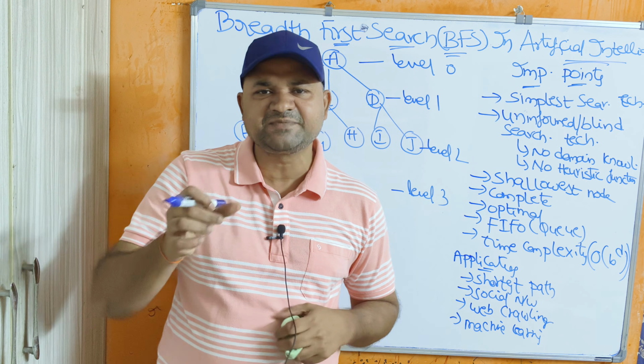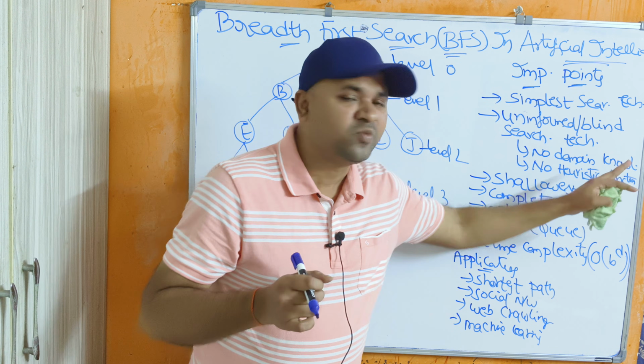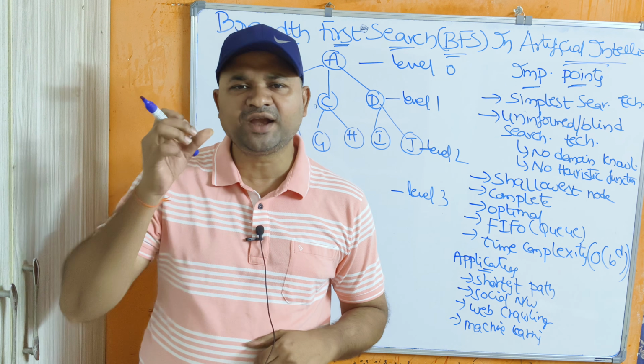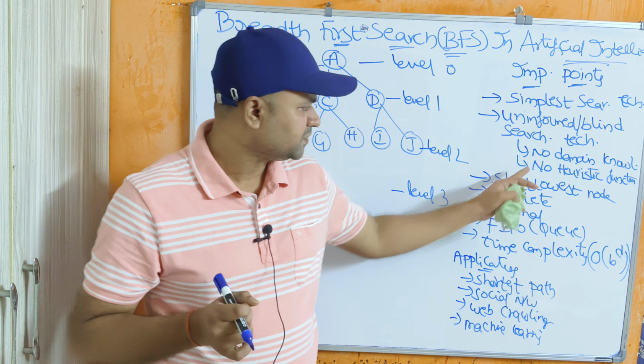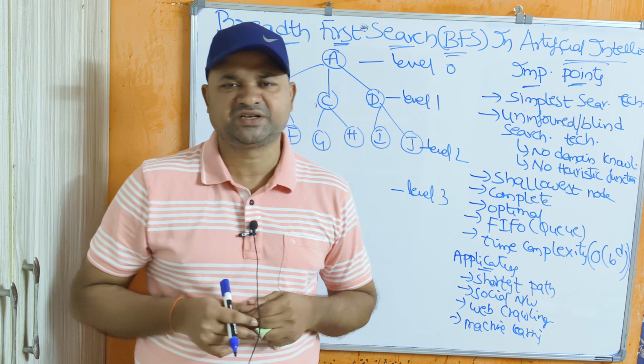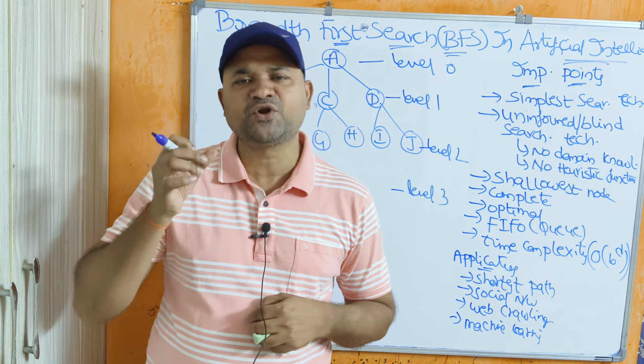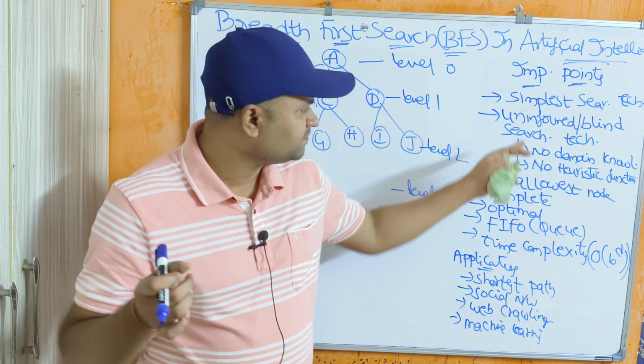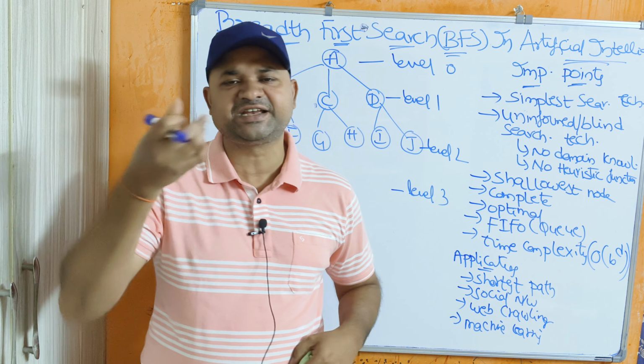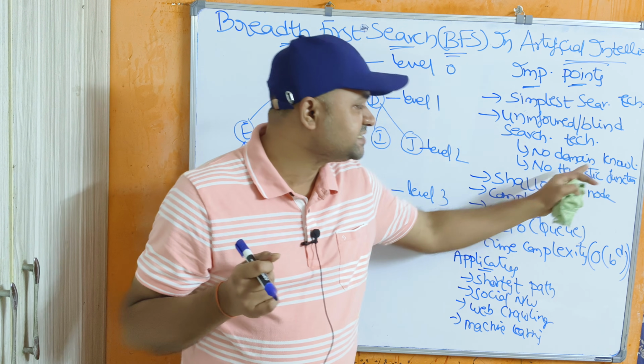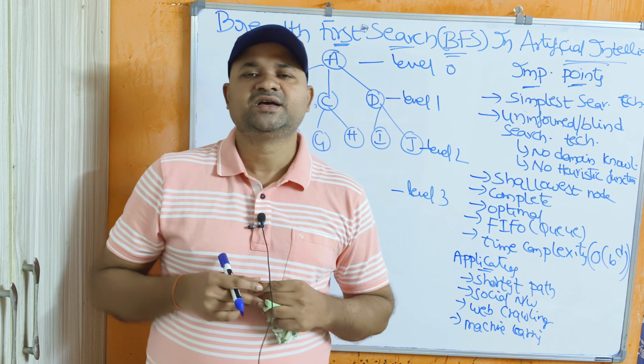Uninformed search technique means no domain knowledge. So domain knowledge is not needed, and heuristic functions are not needed. Whereas in informed search techniques, domain knowledge is needed as well as a heuristic function.